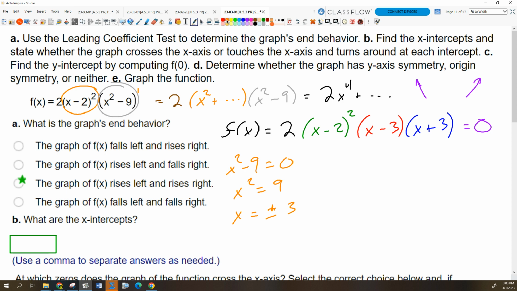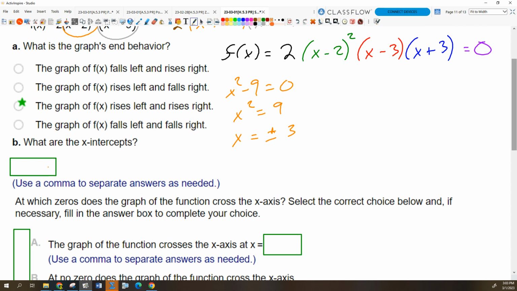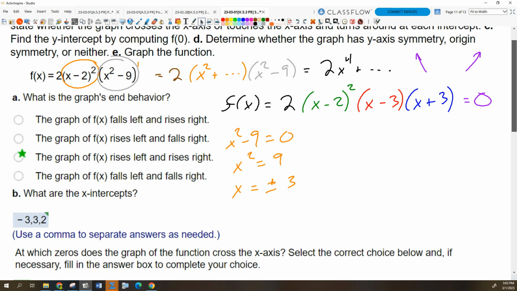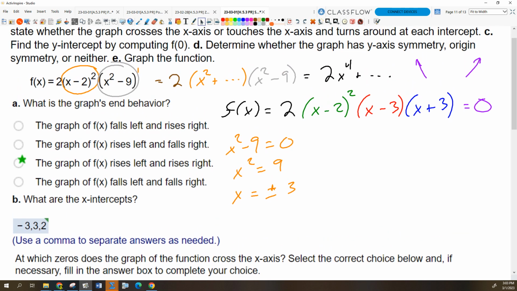All right, but this is probably better, doing it this way. Okay, so we got all 3 of our x-intercepts. At which zeros does the graph of the function cross the x-axis? Based on multiplicities.